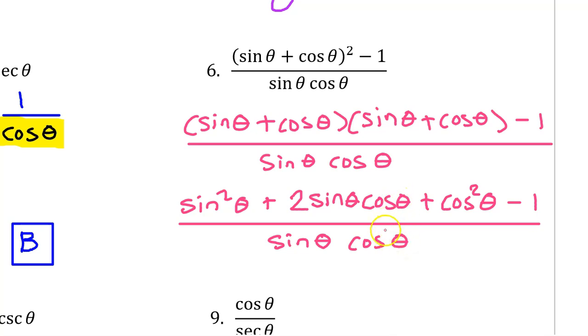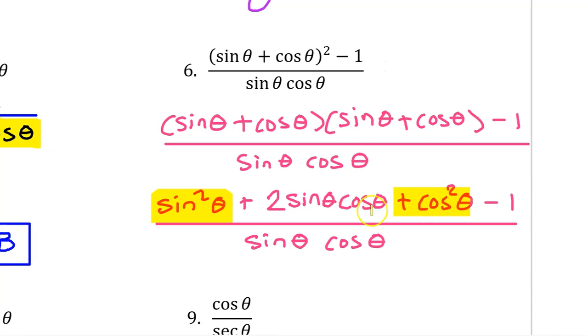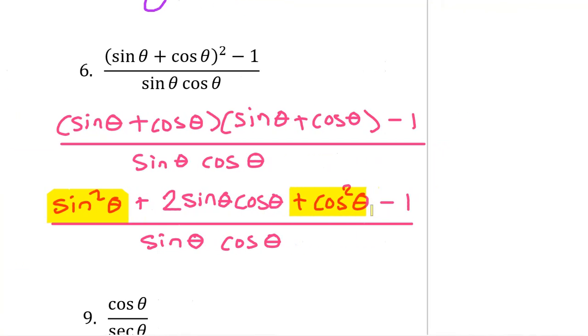Let me remind you once again, we cannot cancel out the sine theta or the cosine theta because of all of the addition and subtraction. So resist the temptation to do that. However, notice that we do have sine squared theta plus cosine squared theta. We have learned that sine squared theta plus cosine squared theta is equal to 1.